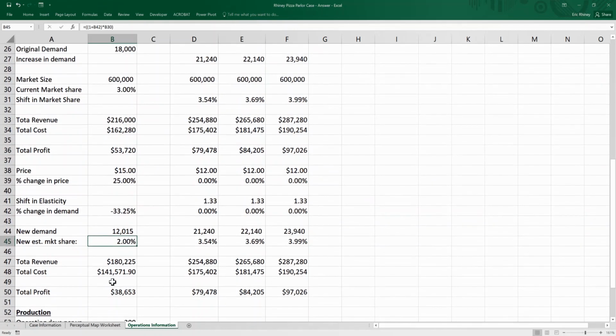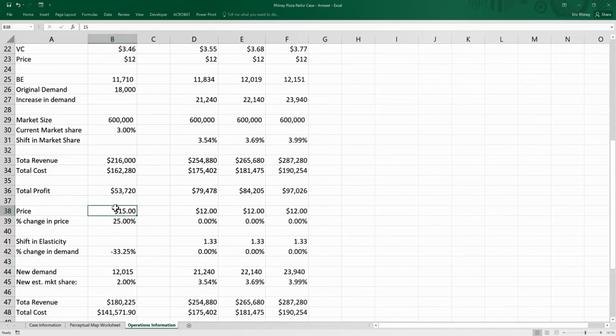And we can see what happens to our profitability based on that. So our profitability here now is 38,000 compared to 53,000 up here where it was originally. So you can see that, when people say, well, if you want more profit, just increase the price, well, that is not necessarily going to happen, and that's because of elasticity of demand.